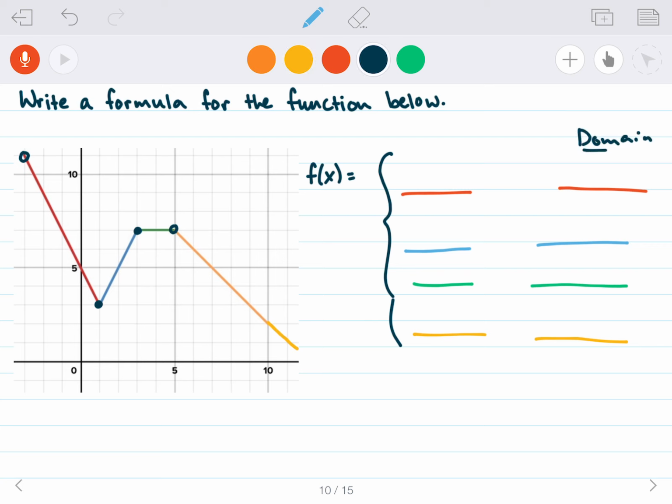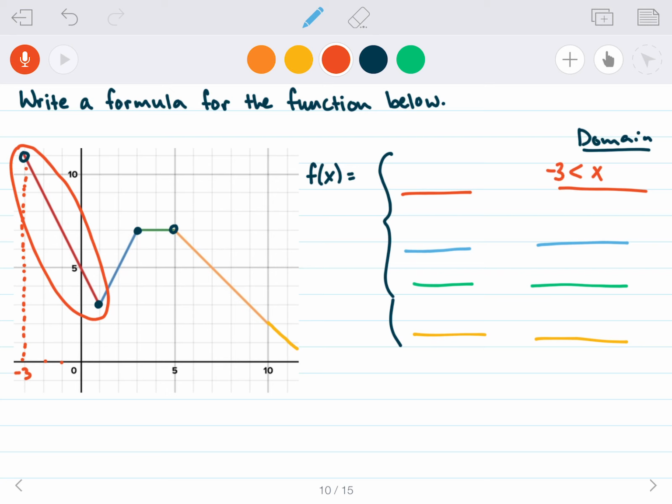What can x be? So this red line starts at an x value and ends at an x value. Like the lowest x value we can find for this red line is going to be x equals, let's see, if we count 1, 2, 3, that's negative 3. So it starts at x equals negative 3, so it's going to be strictly greater than negative 3.